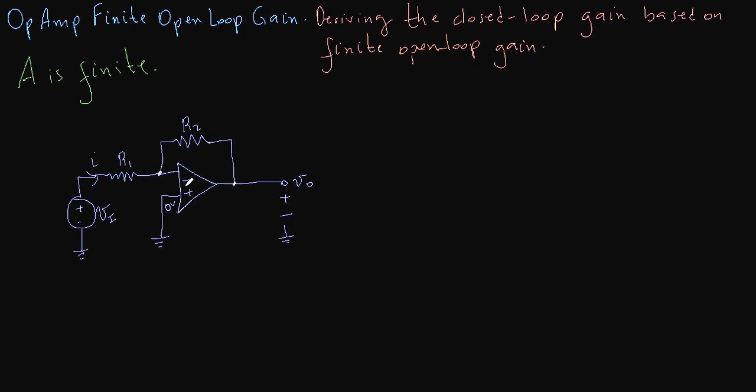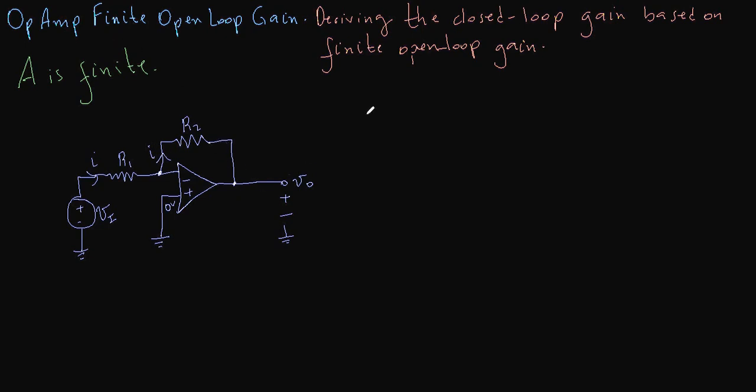This input is V plus, this is V minus. For an ideal operational amplifier, there is no current flowing into the negative input here. Both inputs have infinite input impedance, so the current I must flow through here. So there's the same current I flowing through here.